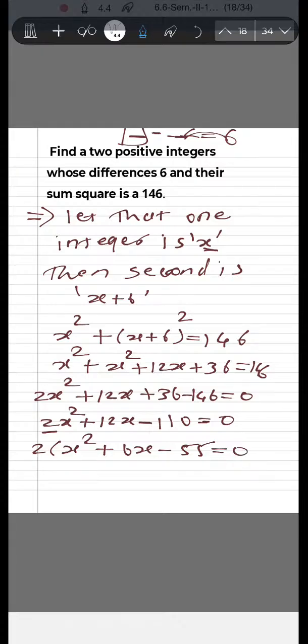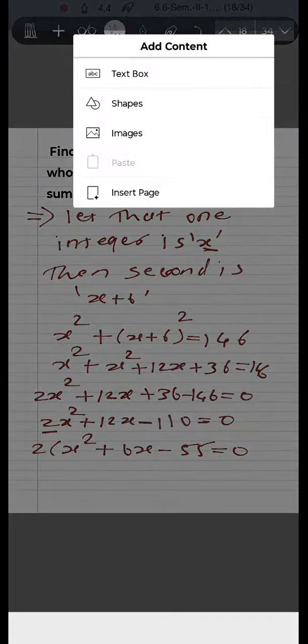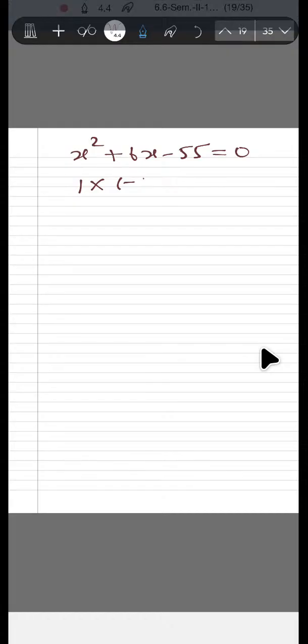So the equation will become x square plus 6x minus 55 equal to 0. Now 1 into minus 55 is equal to minus 55.